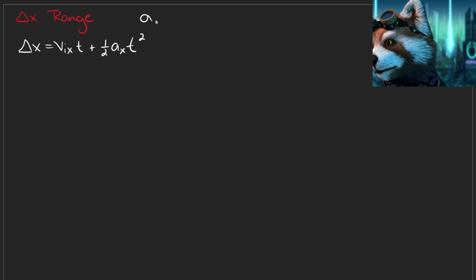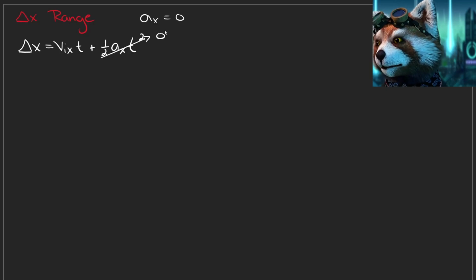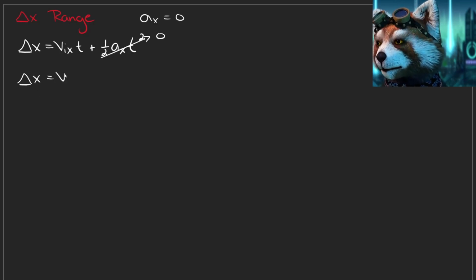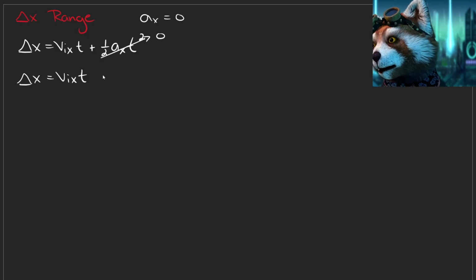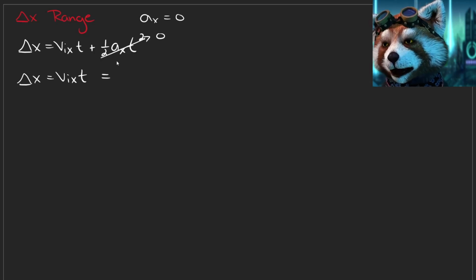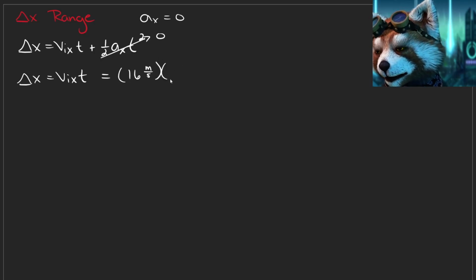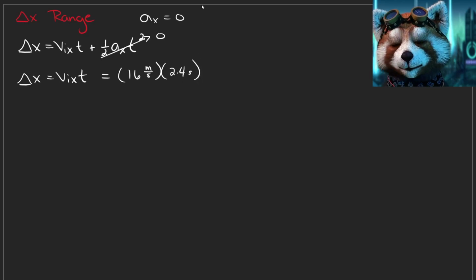And since acceleration in the x is equal to 0, this whole term will go to 0. So we are left with delta x equals velocity initial in the x times time. So that is going to be equal to 16 meters per second times our time, which was 2.4 seconds.